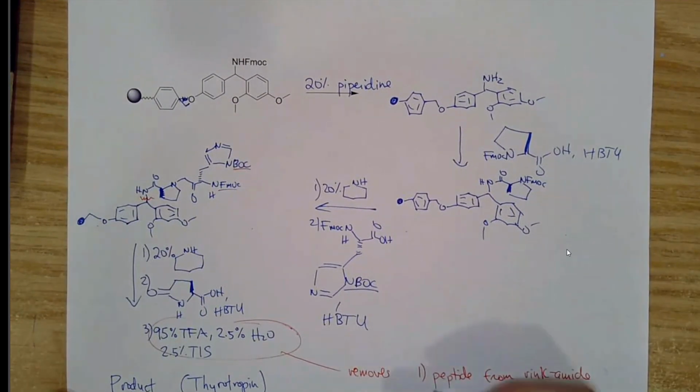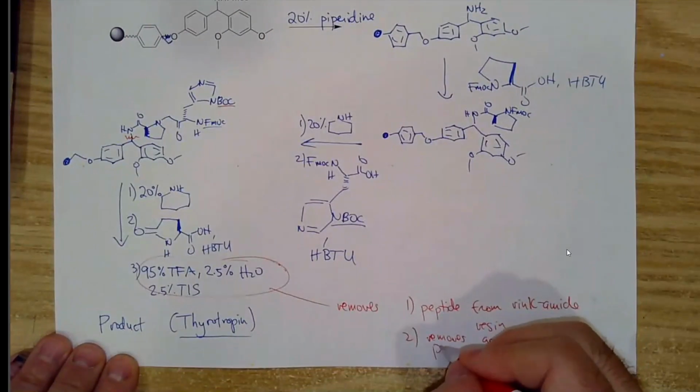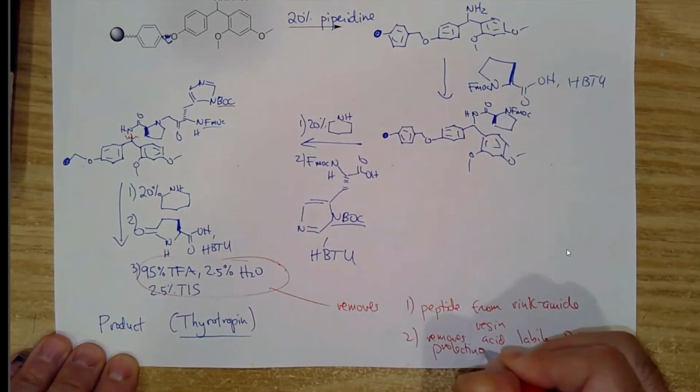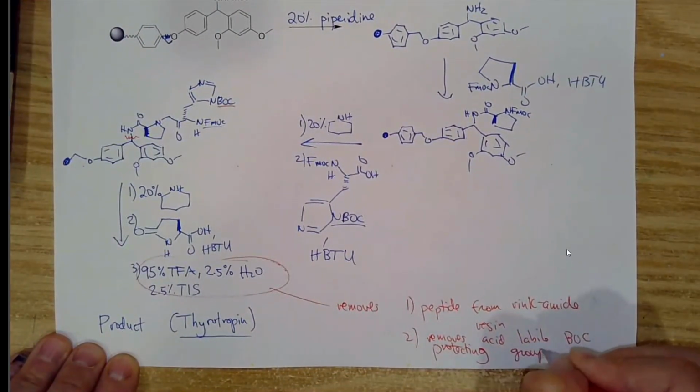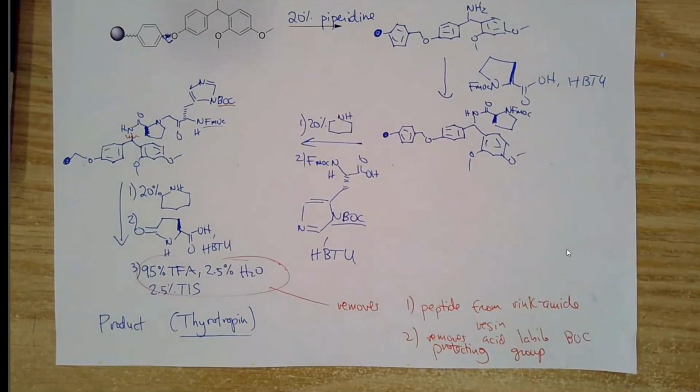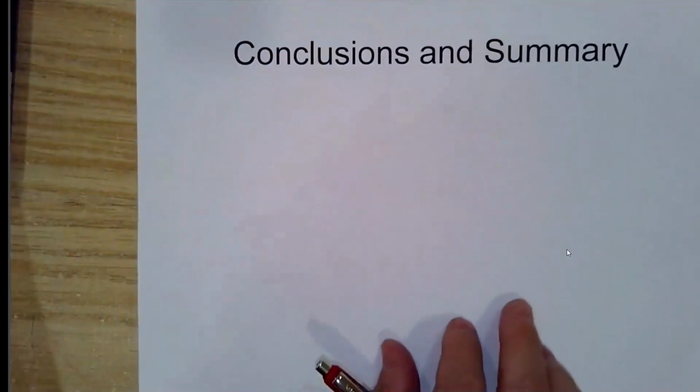And number 2 removes the acid-labile Boc protecting group. Okay, so that's the synthesis of this tripeptide. We will be looking at longer peptides, and you can see that there's definitely a pattern involved.